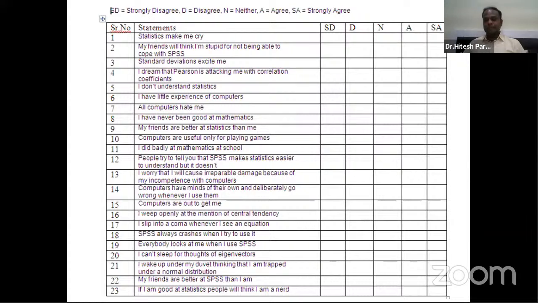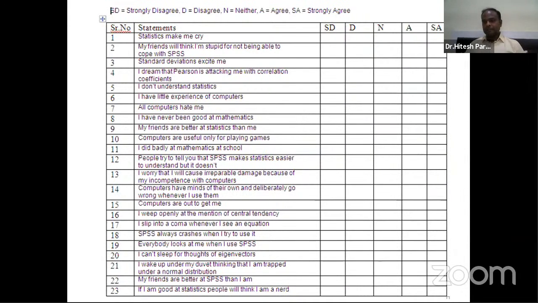Whether these 23 statements have different dimensions, or they can be clubbed into some meaningful factors, that we don't know. So we are exploring the things. And if some meaningful factors are extracted, then what could be the probable relationship among the variables? That also we don't know.